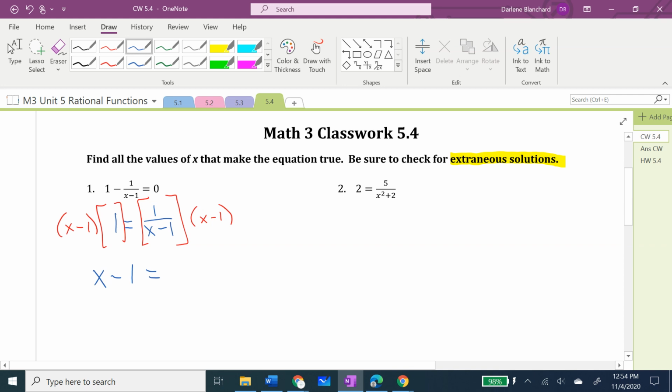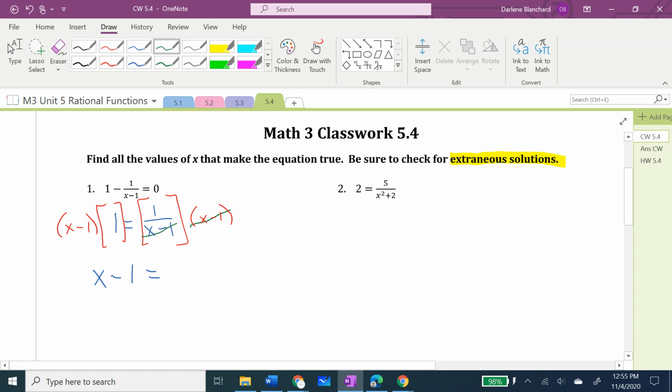On the right side, do you see what happens on the right side of the equation? You have a cancellation, because what you have is a multiplication by x minus 1 along with a division by x minus 1. So this factor that was going to be going up in the numerator cancels with this factor in the denominator.